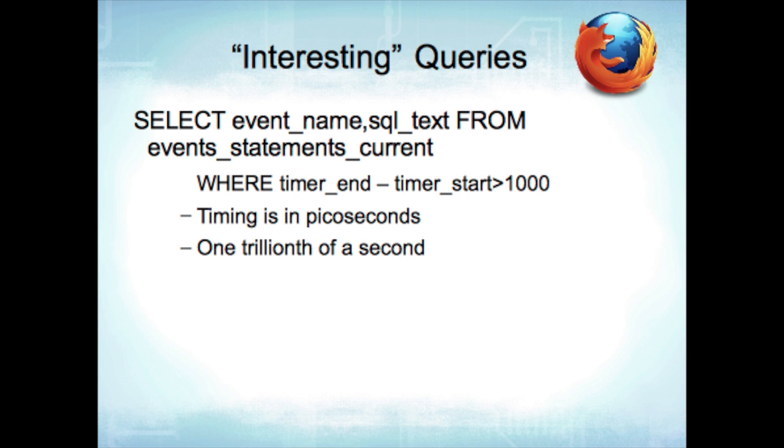We want microsecond resolution, they said. Now you have picosecond resolution. So thank you to MySQL for doing this. Picoseconds is 1 trillionth of a second. Even if setup timers says nanosecond or microsecond, it always logs in picosecond.